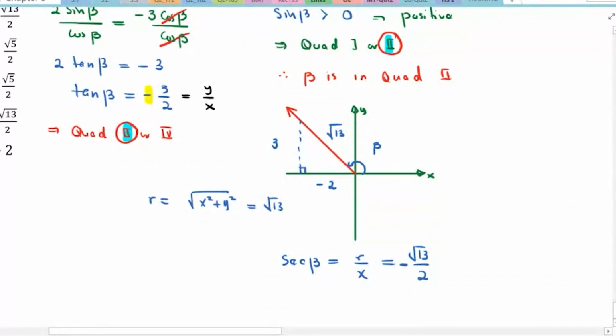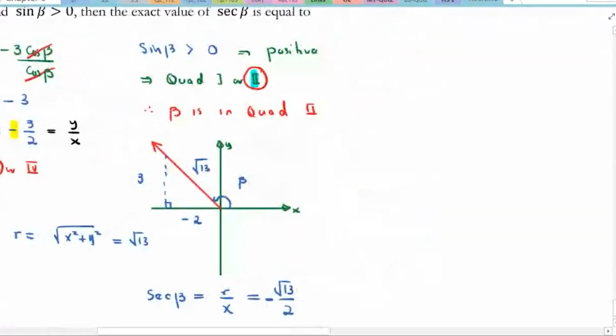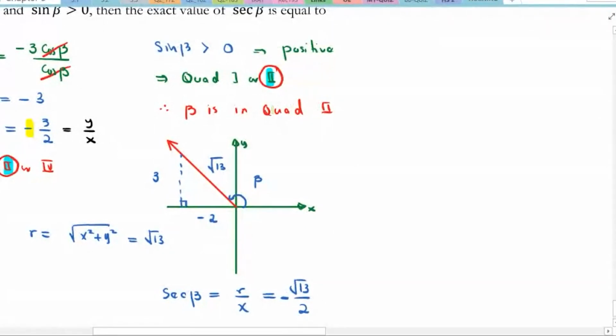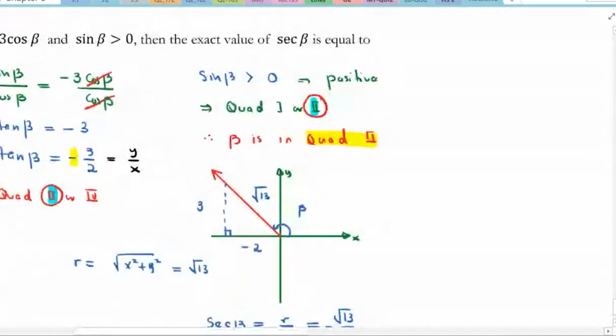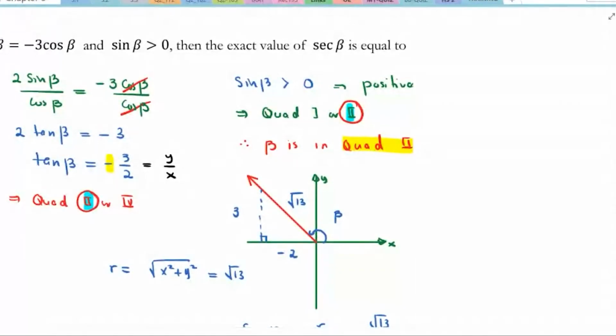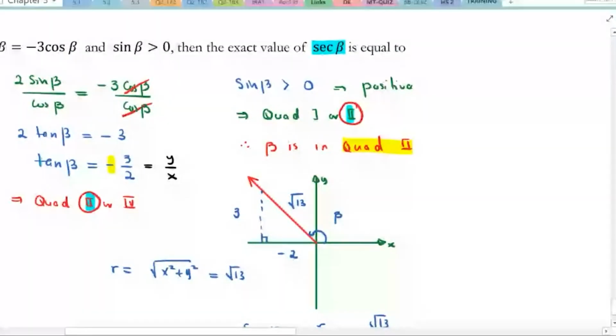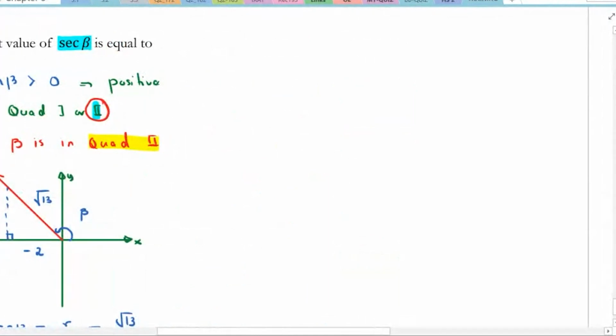This is one way, when you draw the picture. If you do not want to draw the picture, once we know that we are in quadrant number 2, we can answer, because there is a relationship between secant and also the tangent. What is the relationship?